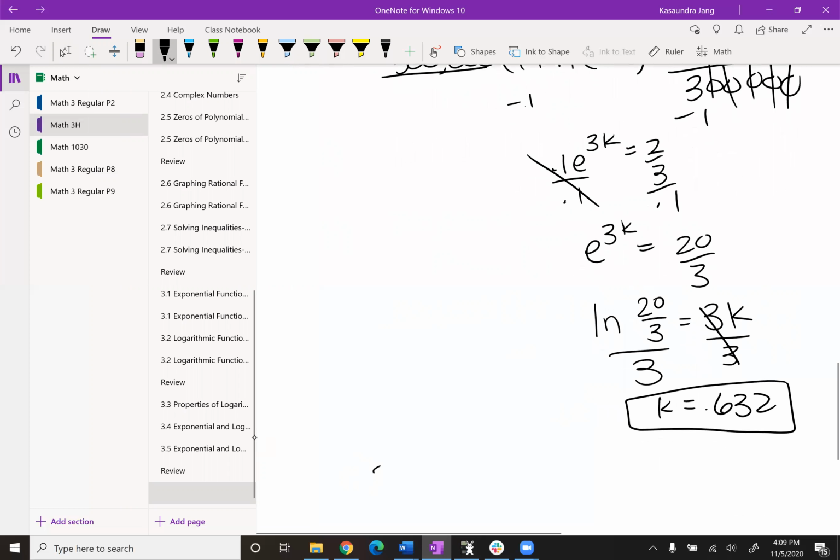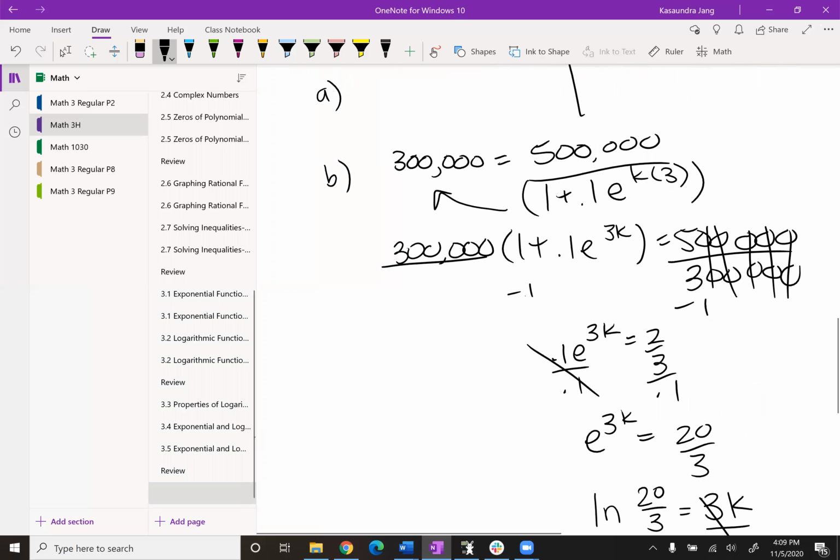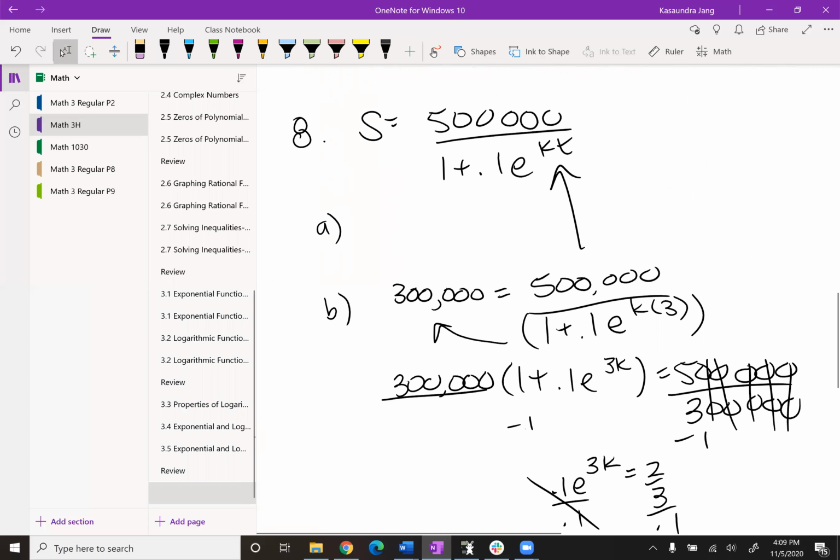Part C, it says, use the model to estimate sales in 2021. So in 2021, where am I at here? Okay, so 2021 from 2010, that is like 11 years. 21 is 11 past 10. Okay, so I'm going to use my little equation up here.